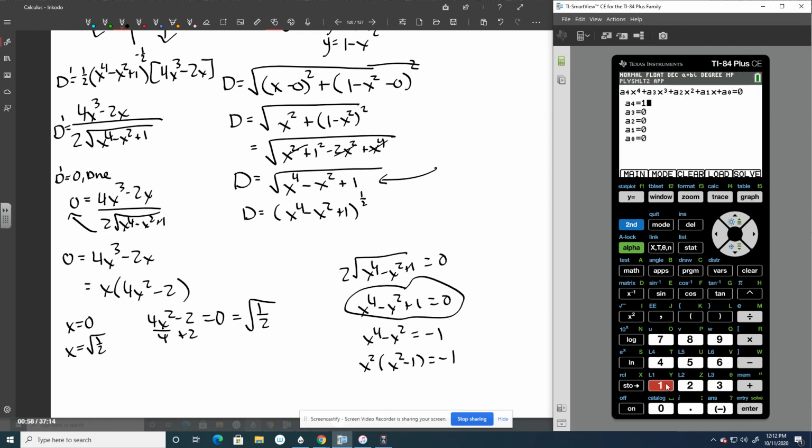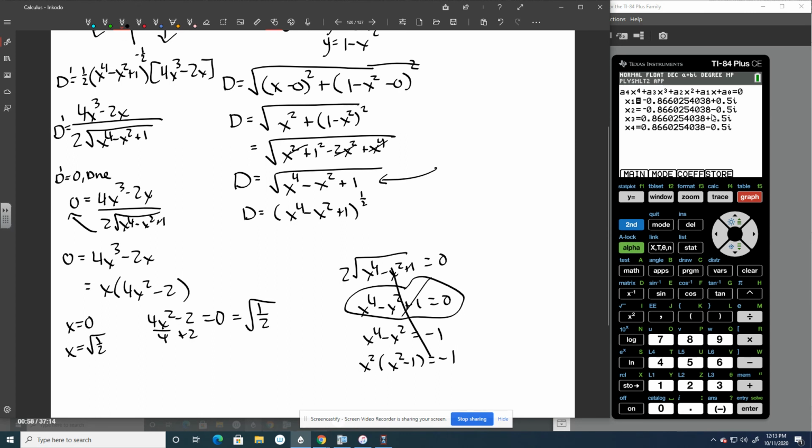So my a to the fourth is just going to be 1, my a cubed is 0, my a squared is negative 1, my a to the 1 is 0, and my constant is positive 1. So when I solve this, notice how all I end up with is imaginary numbers, and we're only dealing with real numbers. So there is nothing real that will go into the bottom and make it equal to 0. It doesn't happen.